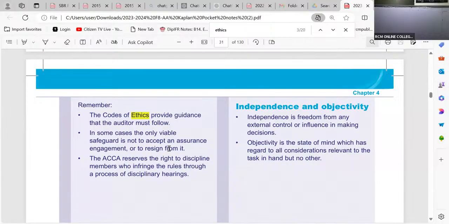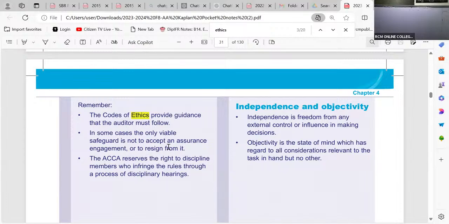Ladies and gentlemen, I can tell you this for sure. One of the fine days you'll be having this license of audit, out there. And some of the audit engagements that will be juicy to you are ones where directors tell you that we have a money laundering issue that is being investigated by financial reporting agencies. The moment you hear that language, there are people who will always tell me, there are people I've met, I normally meet very many people, even on a weekly or monthly basis, who do not fear.